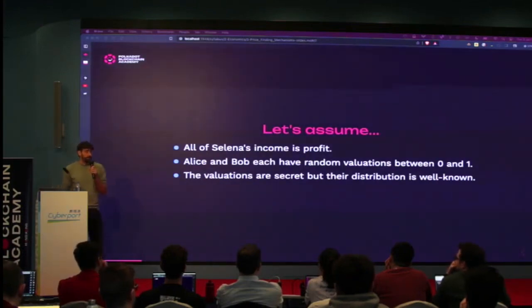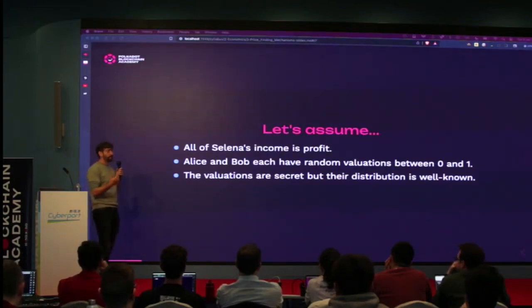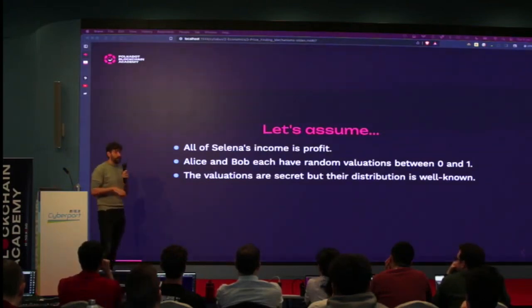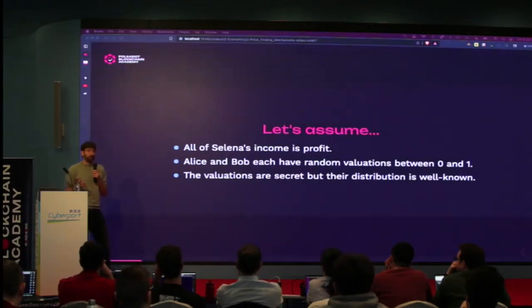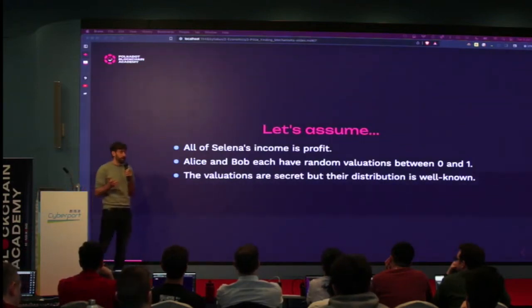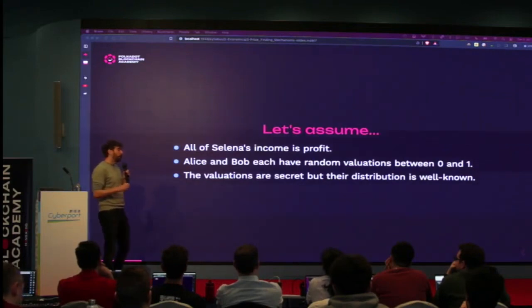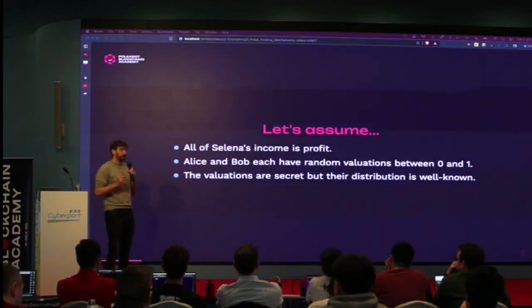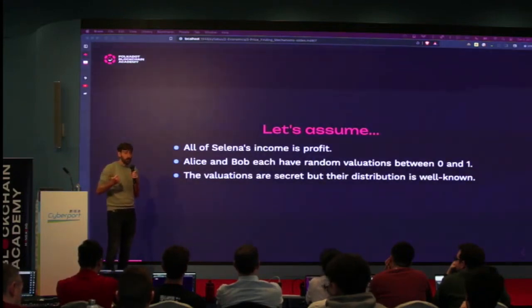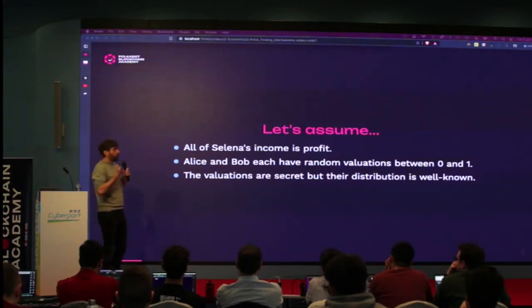The valuations are secret, so Alice doesn't know how much Bob values the good, and also Selena doesn't know the valuations of the other participants, right? This is the fundamental problem of this whole thing, that if the seller would know the valuations, then they could simply charge that, right?